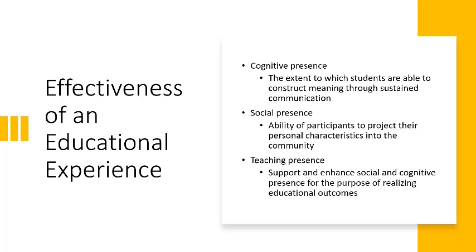The next one is social presence, where there's emotional expression, open communication, and group cohesion. And then teaching presence, which can occur through the design of your lessons and the facilitation of the learning, where students know that you're present and there for them.